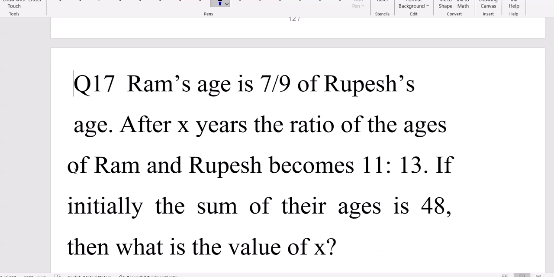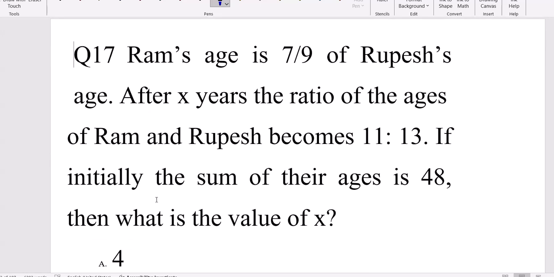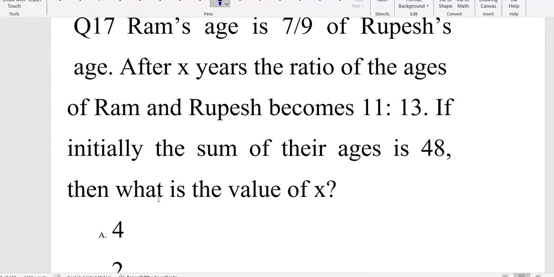So now see, it's very basic one. There is one shortcut, as in the previous question we discussed. This question also has one simple shortcut. Initially, the sum of the ages is 48. Okay, see, initially what is the ratio? 7:9. What is 7 plus 9? 16.